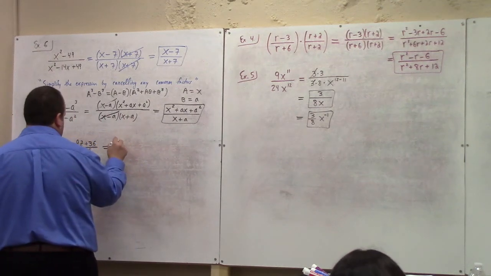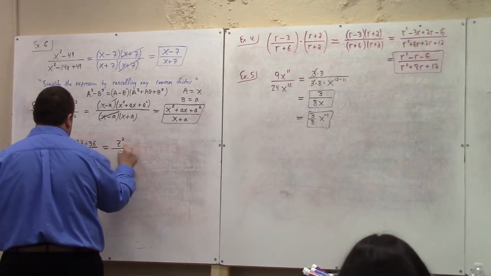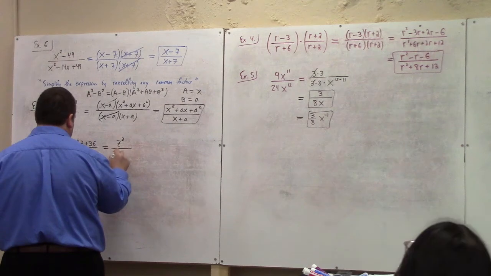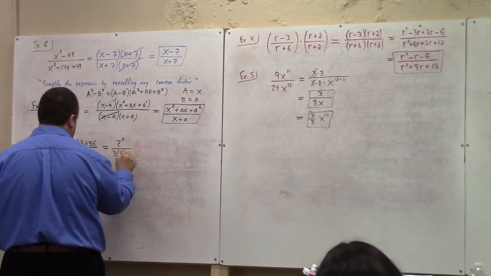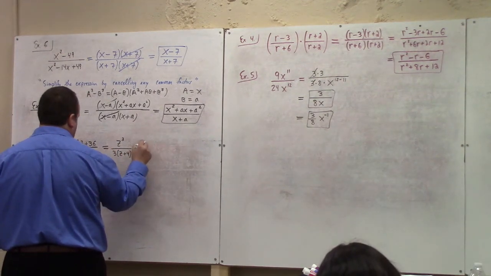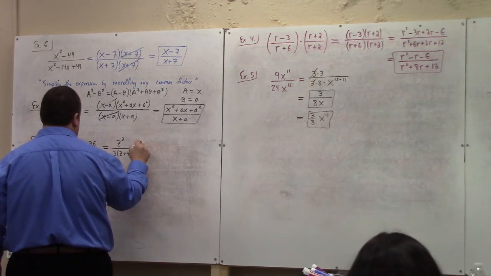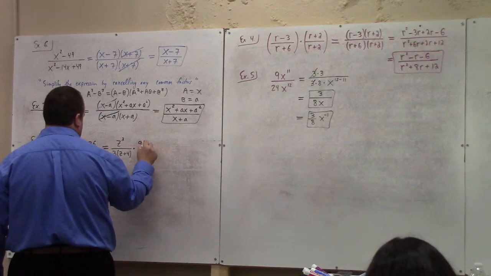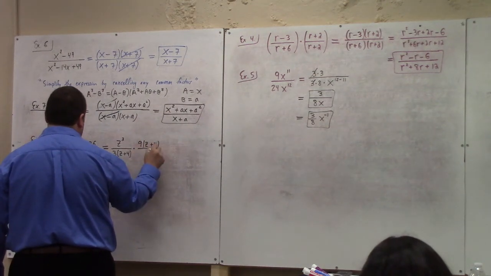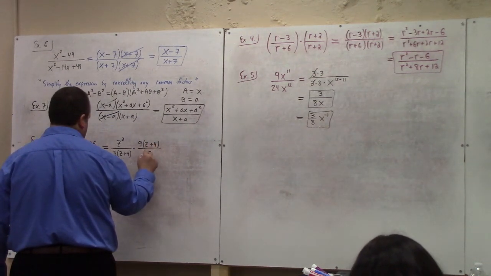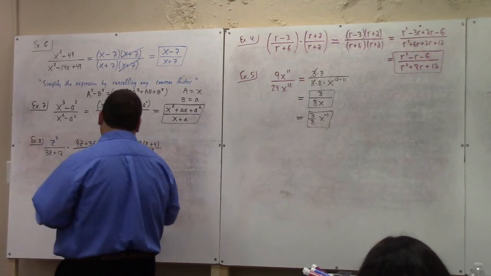What I mean by that is we can rewrite that as z cubed over 3 times z plus 4, and that is really 9 times z plus 4, right?